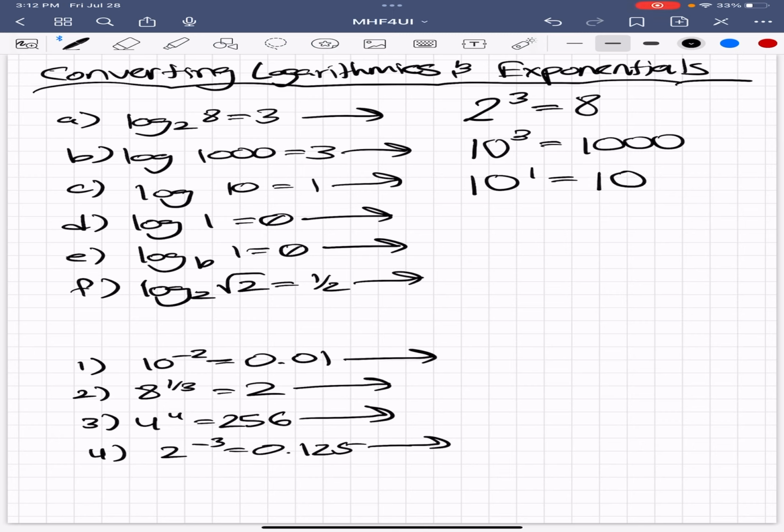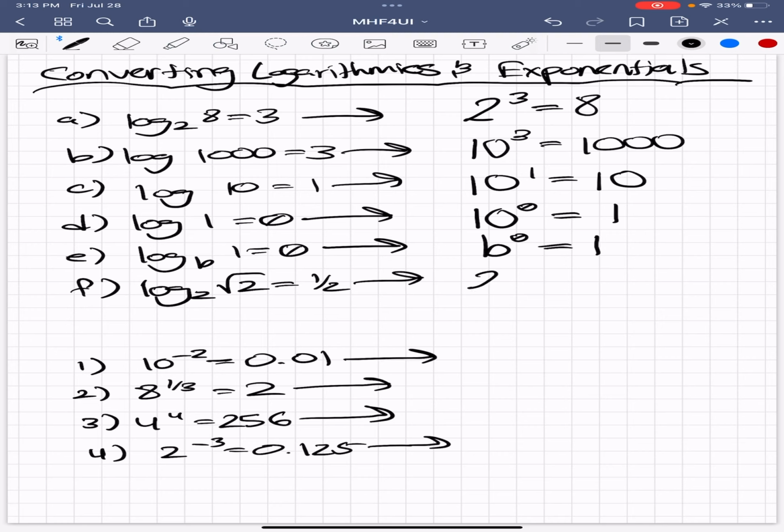Again, we don't have a base, so we're going to assume the base is 10. We have an exponent of 0, so we're going to use our zero law with our exponential rules, and our answer is going to be 1. For the base, it's just a b, with an exponent of 0, and again, our answer is 1. We're using the zero law there.